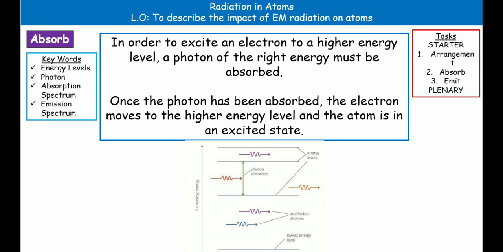So we've moved that electron from close to the nucleus to a shell that's further away. So what we've done is we've moved it to a different energy level because it's got more energy as it's absorbed that photon. So the whole atom is now in an excited state. So I'll leave this up 30 seconds for you to jot down any points you haven't already got.